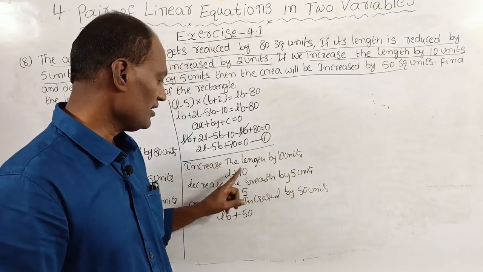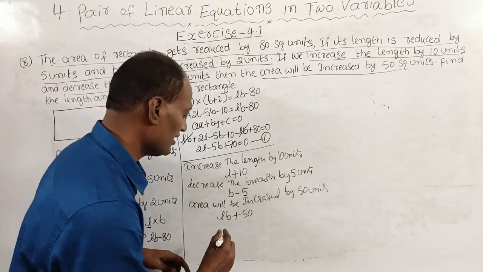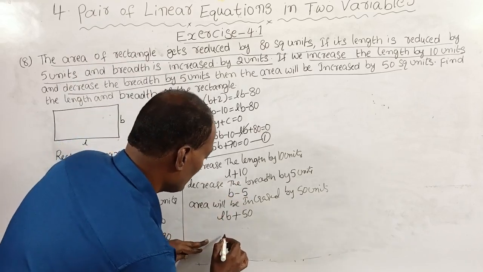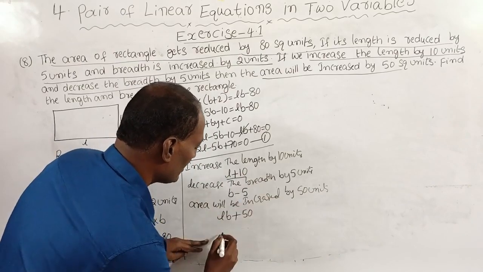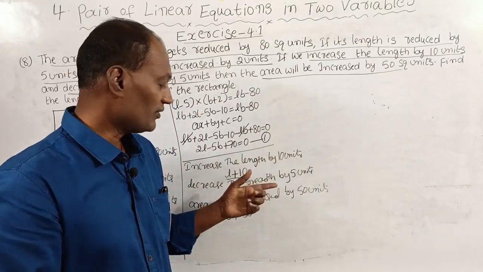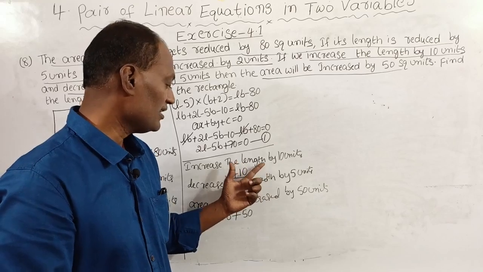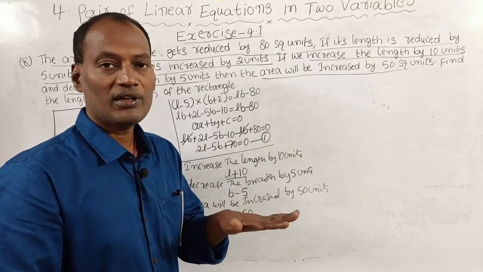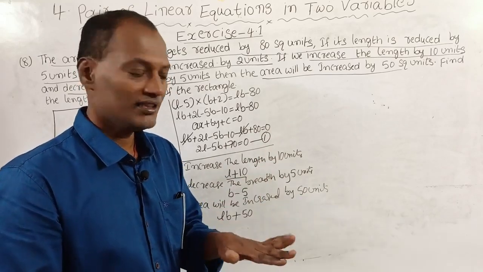After increasing the length, L plus 10, multiplied with the breadth. After decreasing, again we are making the formula of rectangle, length into breadth.